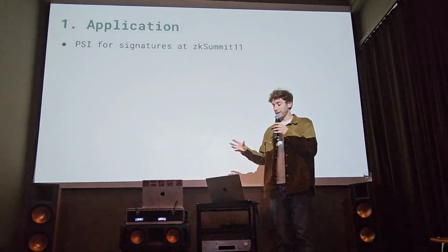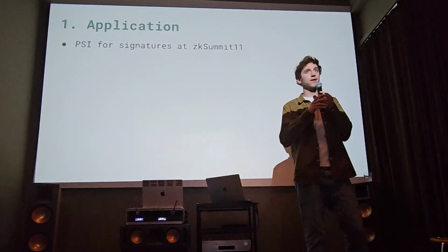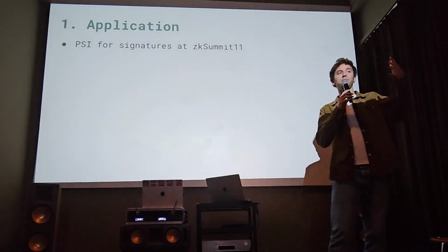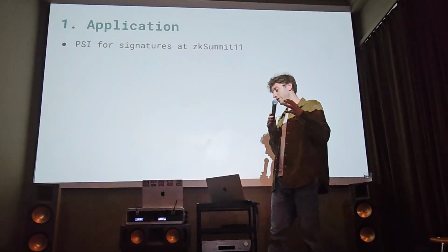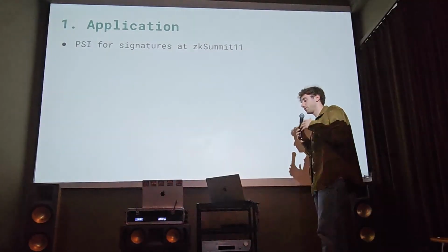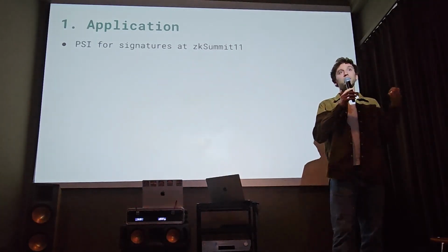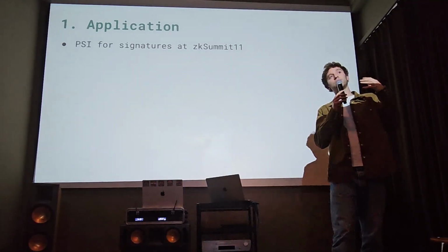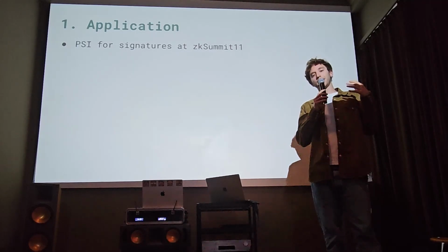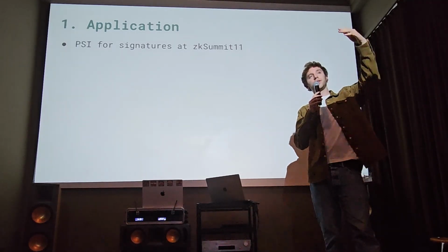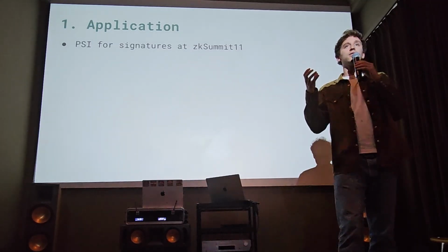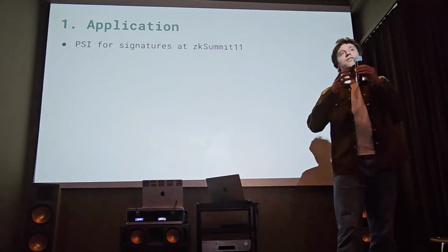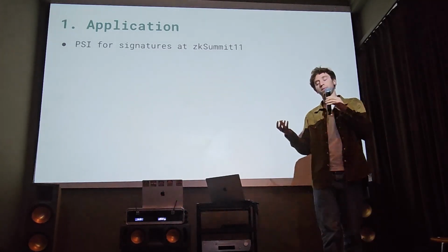So first of all, we know the application is PSI for signatures as built by the Cursive team at ZK Summit 11. So let's analyze the security requirement of this application: a user shouldn't know anything about the other user's collected signatures, more than the signatures that are in the intersection of the ones collected by both parties.